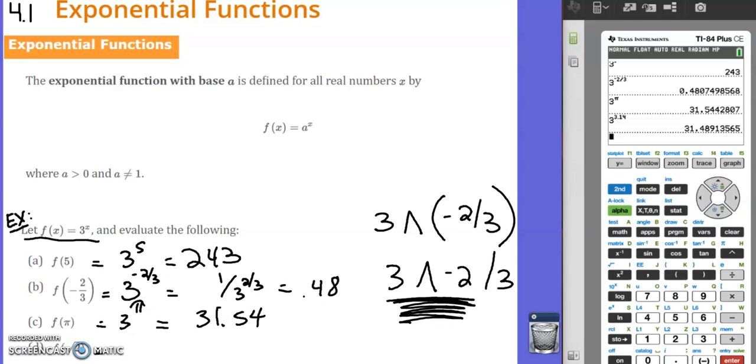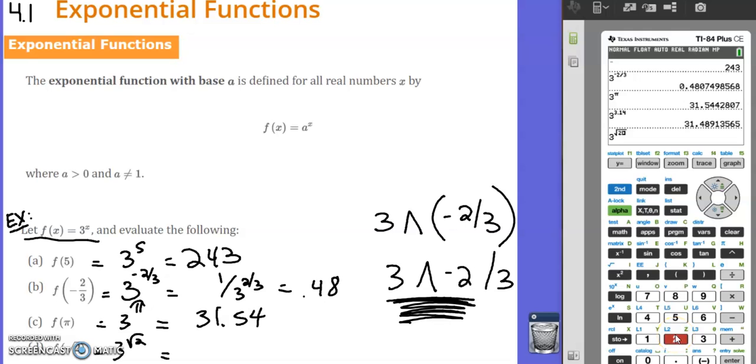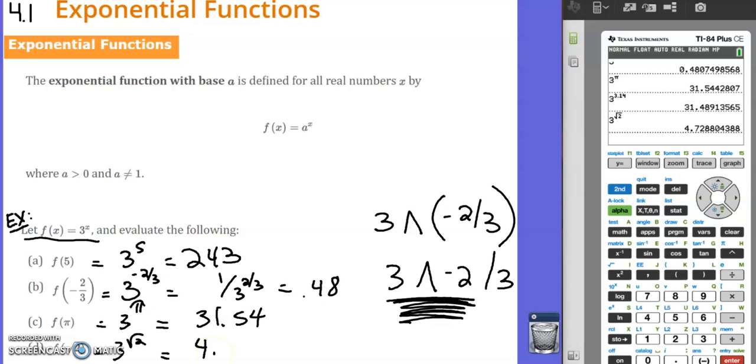Here, 3 to the square root of 2, so 3 raised to the square root of 2, is going to give you 4.73. Again, I'm just rounding to 2 decimal places on each of these.